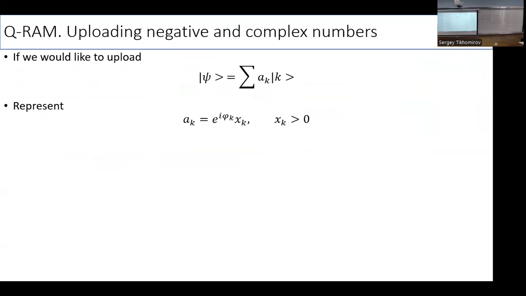But before that, a short comment on how we would upload complex numbers. Assume that we would like to create a state psi of this form, where now the a_k are complex numbers, not necessarily positive reals.